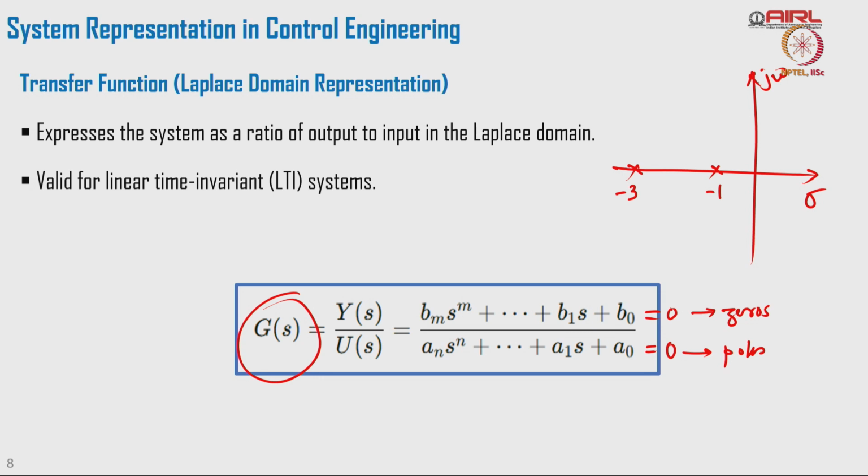If both poles are in this place, they will be complex conjugate poles, and we will get a different type of system response. So, the transfer function gives us the freedom to analyze the system in the S domain.